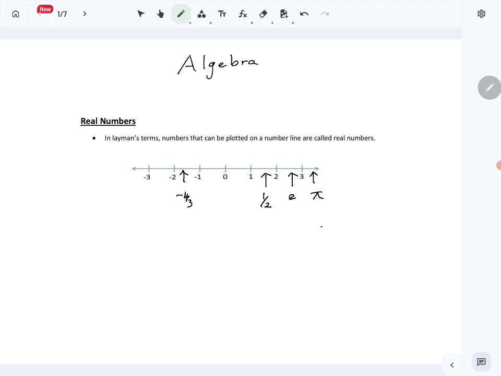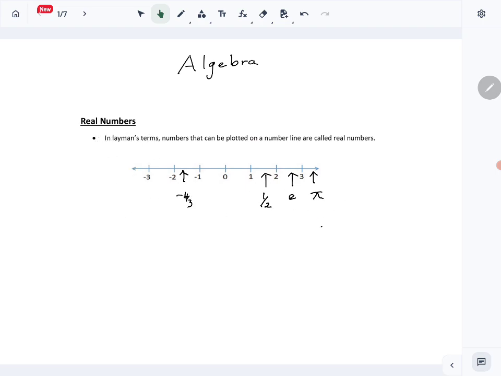So all the numbers that you learn in O levels are real numbers, right? Okay, so that's the first concept we learn, real numbers.